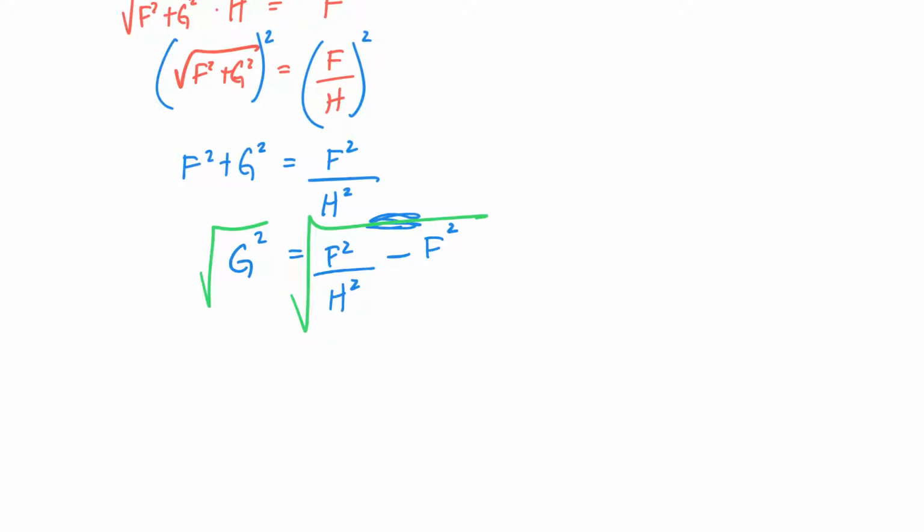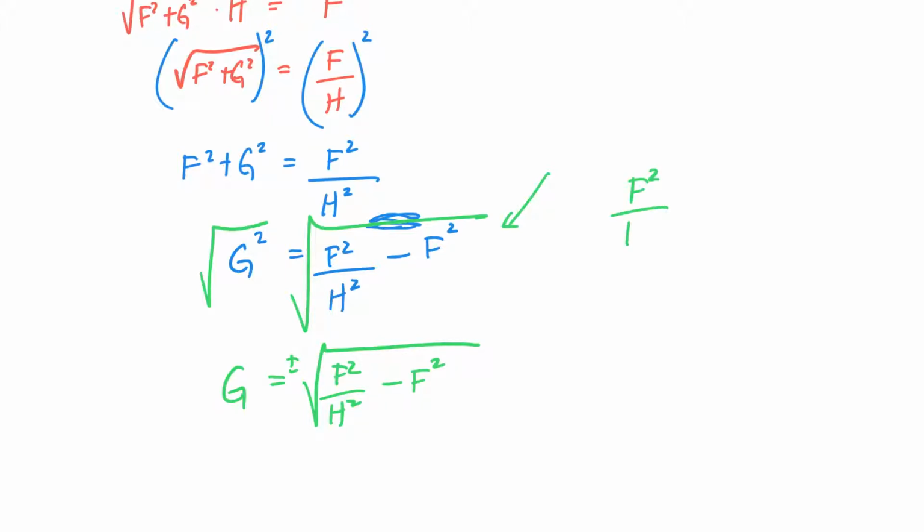It looks pretty ugly, but on the left, you get g is equal to plus or minus the square root of f squared over h squared minus f squared. It's a fun question, that one. You have to square both sides and square root both sides. Tough one.